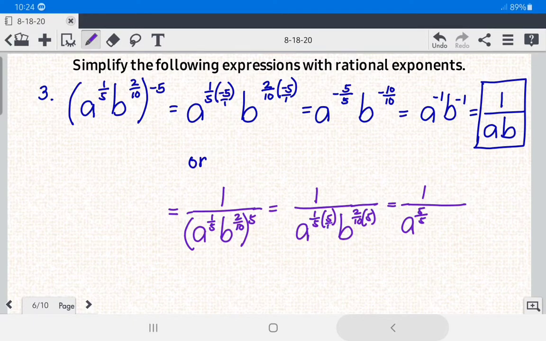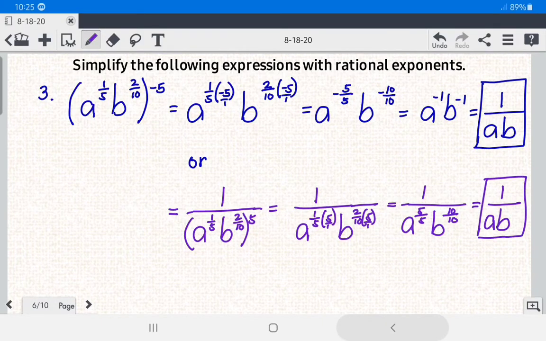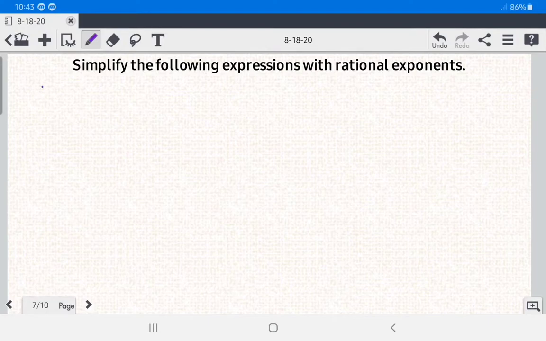So, denominator is 1. 1 times 5, we have 5. 5 times 1, we have 5. Then, for b, 5 times 2, we have 10. 10 times 1, because the denominator of this is 1. So, we have 10. So, final answer is 1 over a, because 5 divided by 5 is 1. Then, b. 10 divided by 10 is 1. Okay, next, number 4.